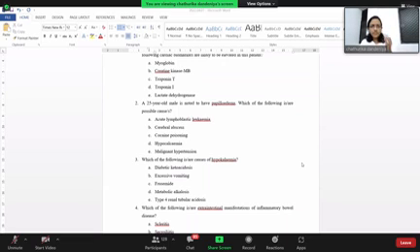The next one is, which of the following is a cause of hypokalemia? The first answer being diabetic ketoacidosis. True or false?